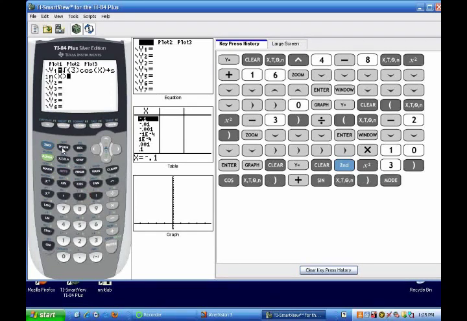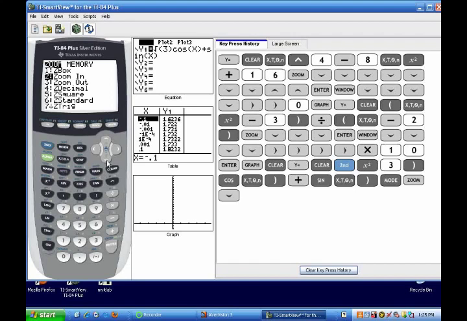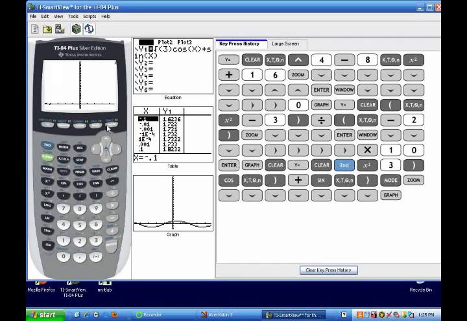I'm going to go to the mode button and make certain this thing's in radian mode. And it is. Then I'm going to do a zoom trig, which is going to take me from negative 2 pi to 2 pi, so I really only want the right half. And what is the problem with this?